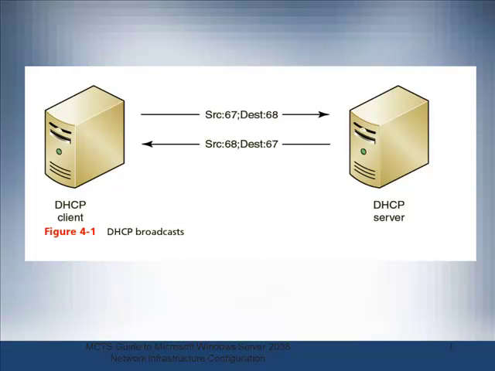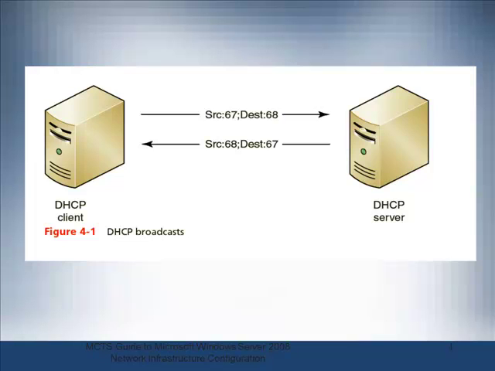So, nice little graphic here. Source 67, destination 68. The destination is always going to be the port that's open on the other end. And the question that you've heard me ask before is, in web and web's port 80, what port do you go from on your computer to go to port 80? The answer to that one is we don't know.